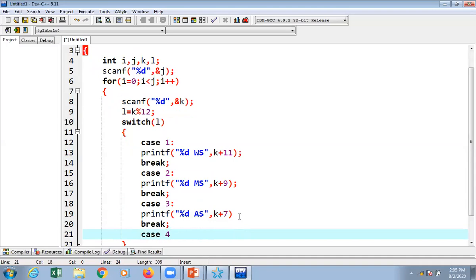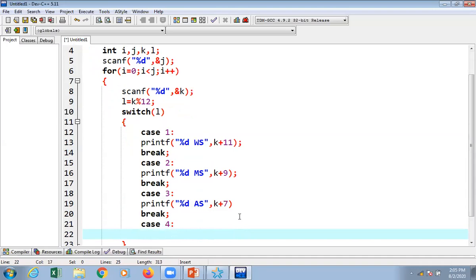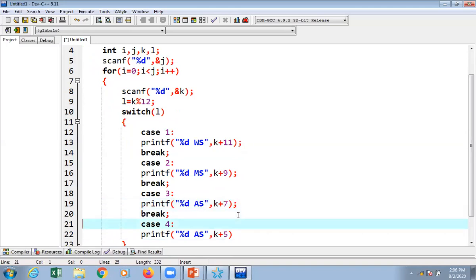Case 4 will be percentage d, again the as, and k plus 5, semicolon.